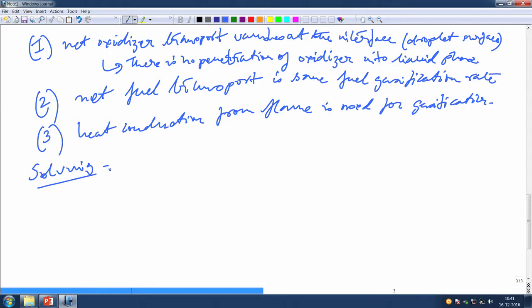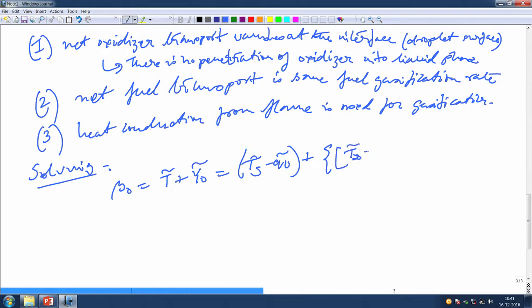we basically get beta oxygen, that is the coupling function, Ts tilde, QV tilde, you already know what these QVs are, T infinity tilde, Ts minus QV tilde. That is the first expression.